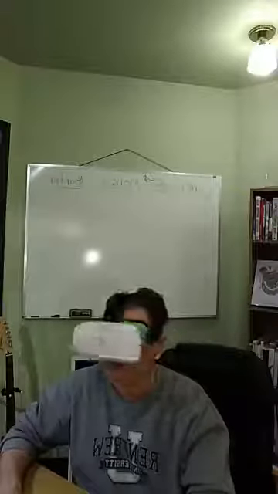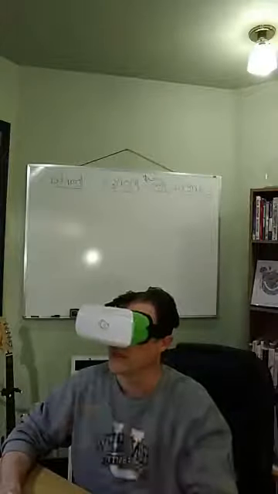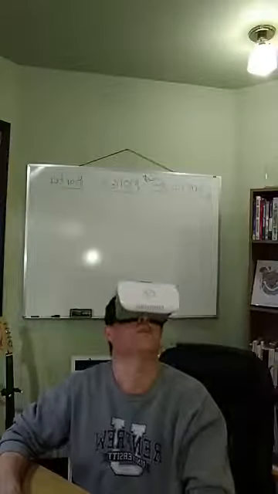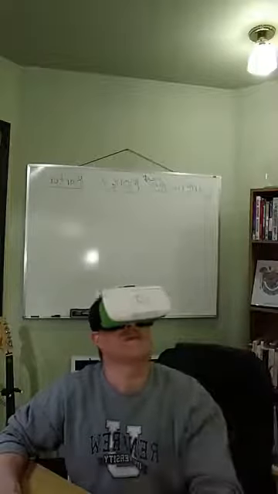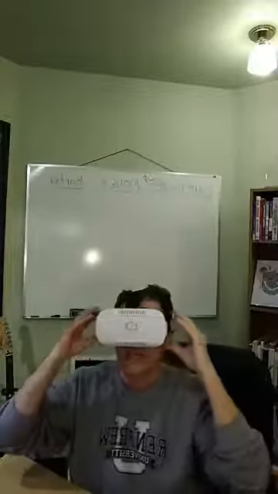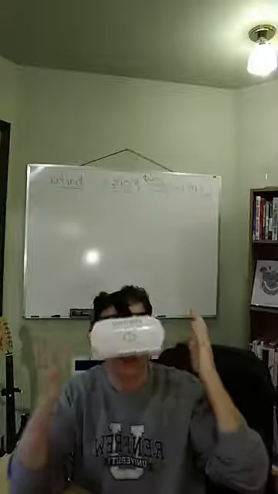If I look around, I see what the goggles are showing me. I see over here there's a Tyrannosaurus Rex. I look up, there's a pterodactyl flying overhead. And I see the various things that the virtual reality headset is choosing to show me.